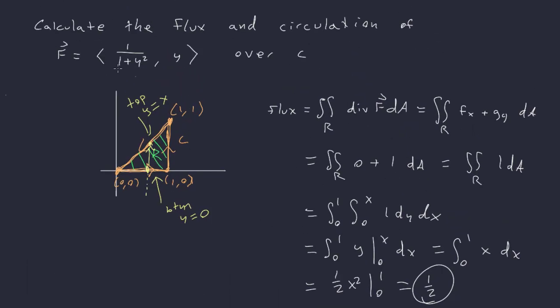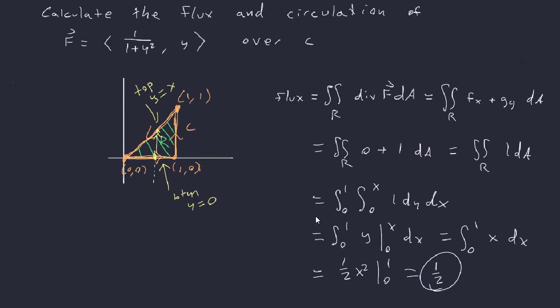And g sub y, well, that is going to be a much f sub y, it's going to be a little bit more complicated in this case. This isn't a constant anymore.